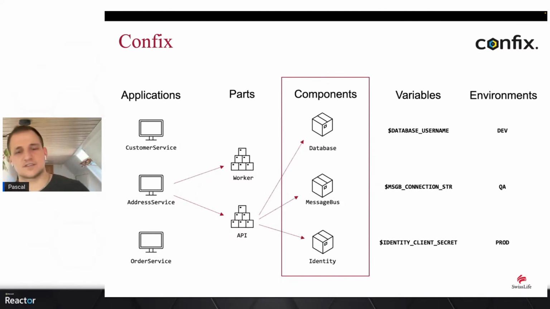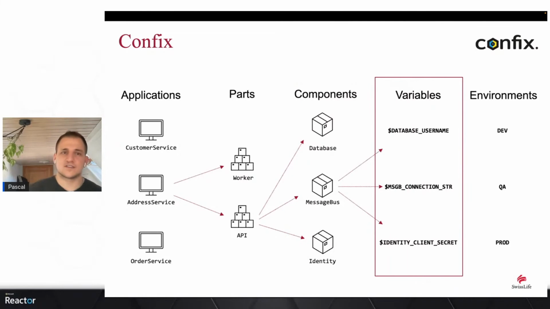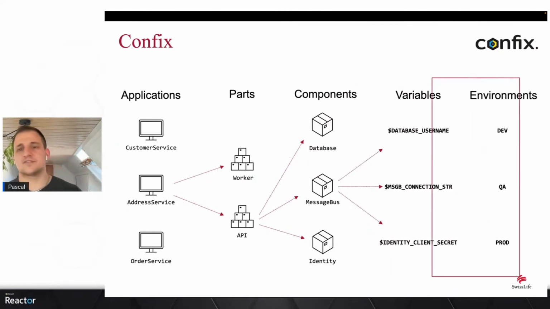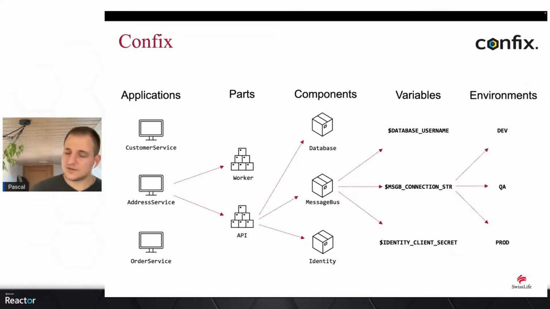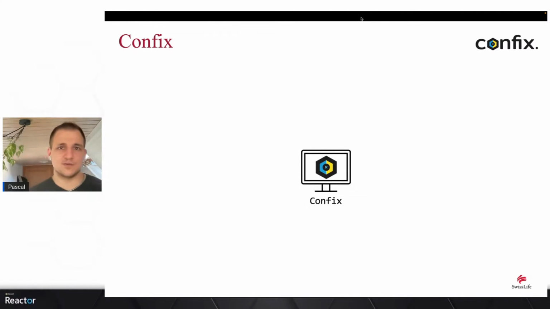These parts are composed out of components. So the API has access to the database, it has access to a message bus, and has access to the identity. Each of these components can then access variables, and these variables have different values in different environments.